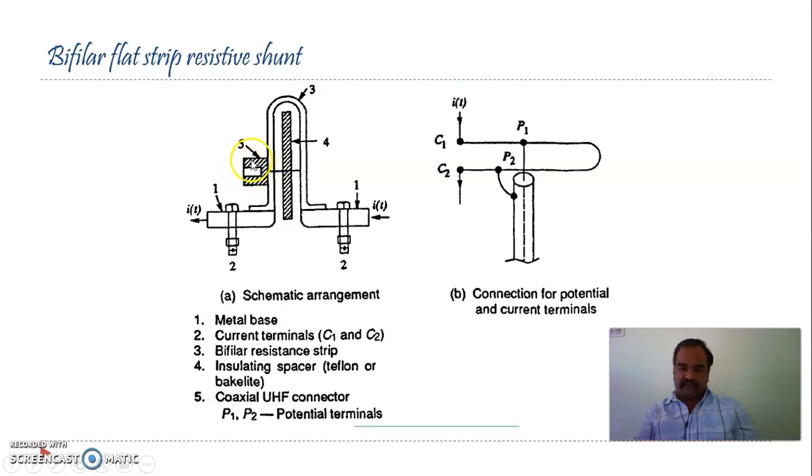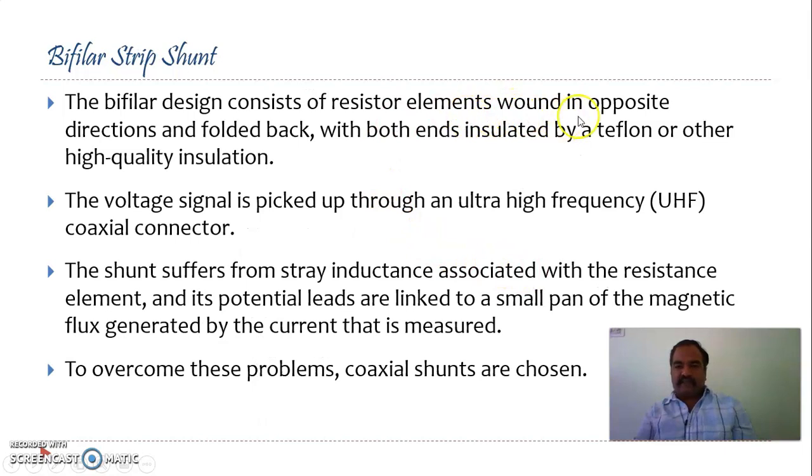Here your coaxial cable will be connected and it will be transmitted to your CRO. This is a connection point. This is C1 and C2, and here P1 and P2, and this is the cable here. So the only specific design is that the resistor elements are wound in opposite directions and folded back with both ends insulated by Teflon or any other high quality insulation.